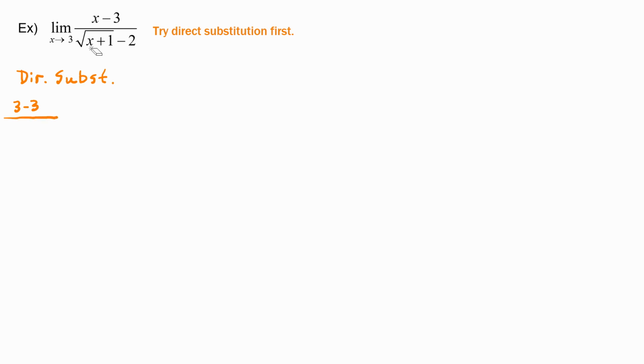Plugging 3 into the denominator, we get the square root of 4 minus 2. The numerator simplifies to 0, and so does the denominator, and 0 over 0 is undefined. So now that tells us that we'll have to do some work to rewrite this as a new expression.